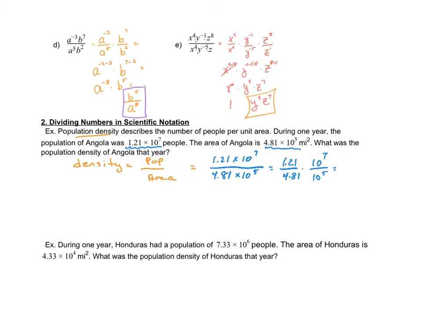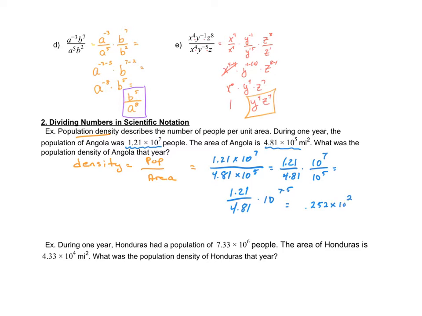So as we simplify this, we end up with 1.21 over 4.81 times 10 to the 7 minus 5, which is going to give me 0.252 times 10 to the second.